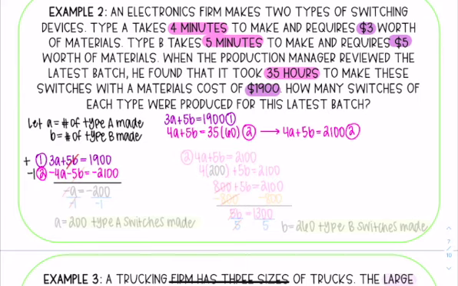And so when I add the B's, they're going to cancel. We end up with negative A equals negative 200. But when I divide by negative 1, we get that A equals 200.